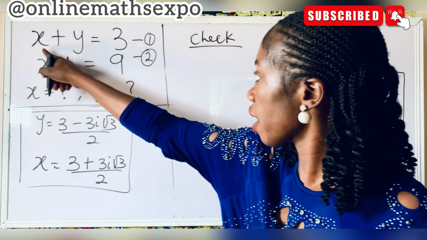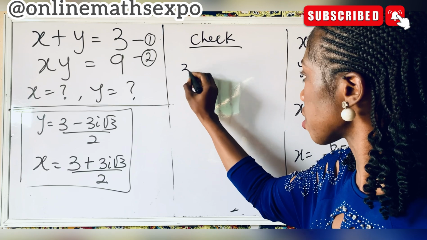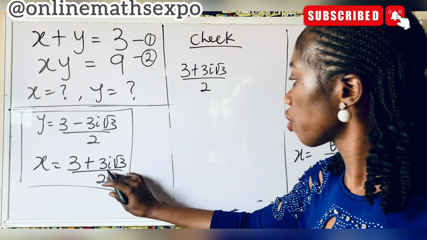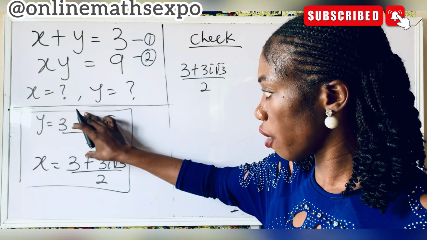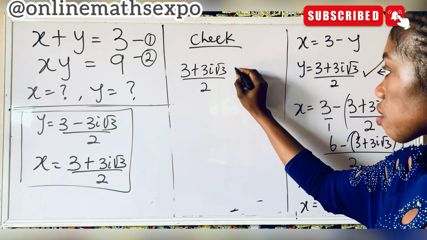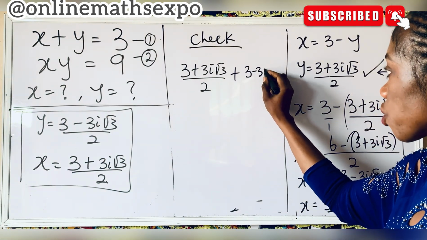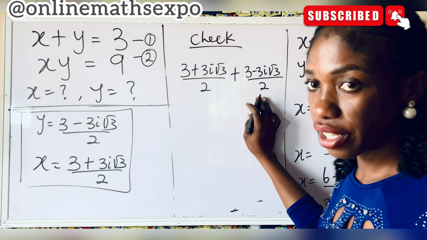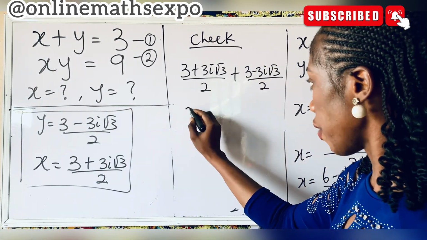So we now have x plus y. So our x is 3 plus 3i root 3 all over 2. Then what is the value of y? Our y there is 3 minus 3i root 3 all over 2. Denominator is the same, so you just add the numerator.